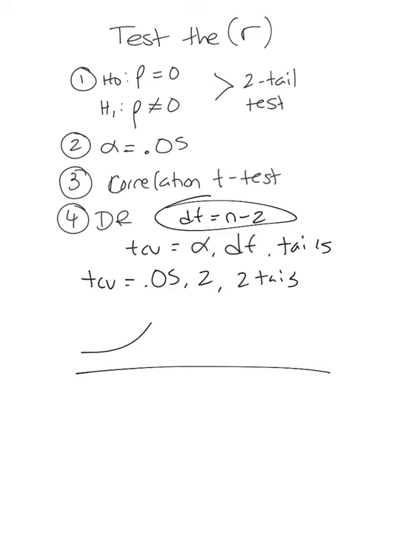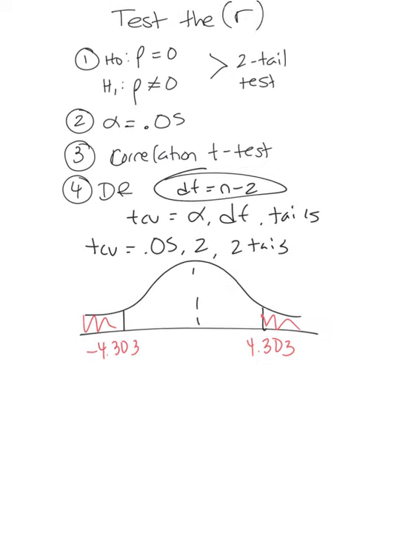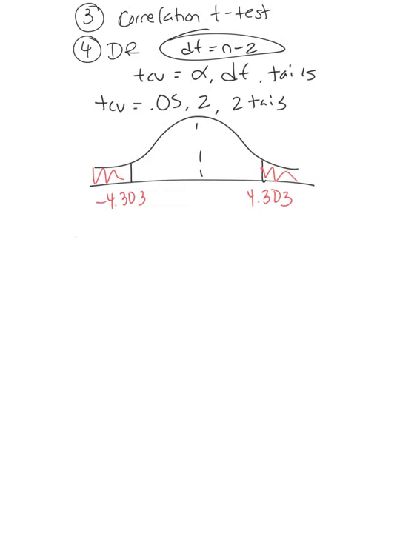So let's draw our decision rule. When we look up our t-table, we find our t critical value is negative 4.303 to positive 4.303. All right, now let's get to our final step, which is the test. Step 5, and the t-test for the correlation is done this way.